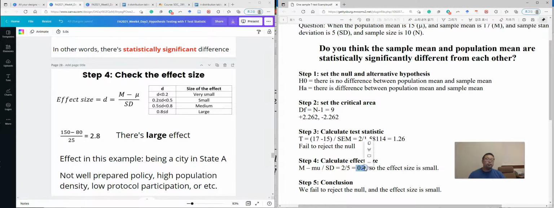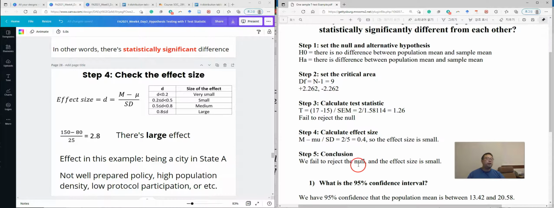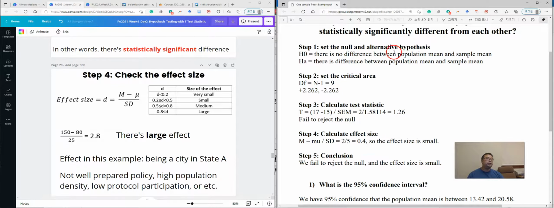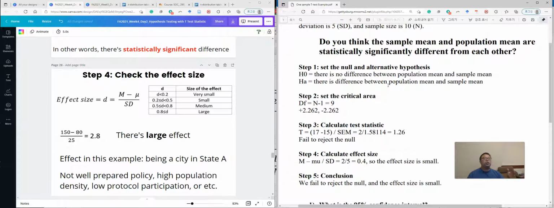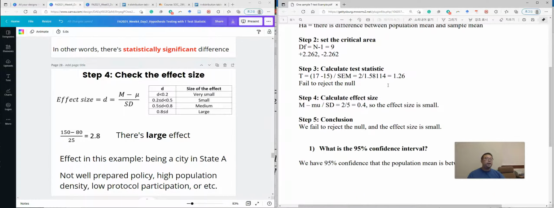So 0.4 falls in between 0.2 and 0.5, so we would say that the effect size is small, which means the difference between the population mean and sample mean is indicated as small. And again, by using the number, the effect size is small, and we fail to reject the null hypothesis. So there is no difference. So that is the t-test. We call that one sample t-test.